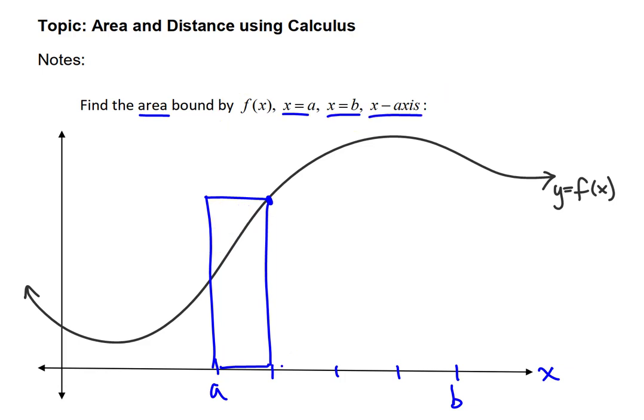Now, what if we moved on to the second interval and did the same thing? So the base is the width of that interval, and then let's also recognize that if I go to the right side of the second interval and raise that up until I hit the function, and then use that for the height of a rectangle, this rectangle, the second one, would also be an overestimate. Okay, fine, but at least I'm getting a rectangle that's trying to represent my region.